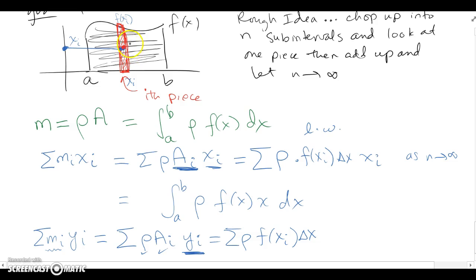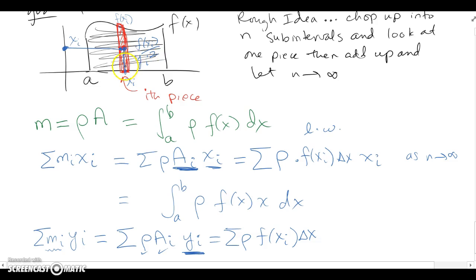Now notice y sub i is from here to here, and if I want to put it in terms of x, since we talked about this being a symmetric region, a rectangle whose center of mass should be right smack in the middle, we know that that right there is really f of x sub i over 2.